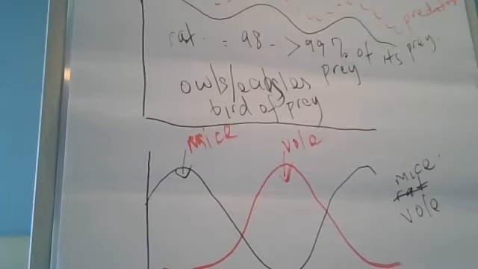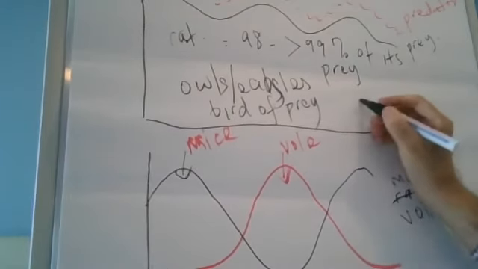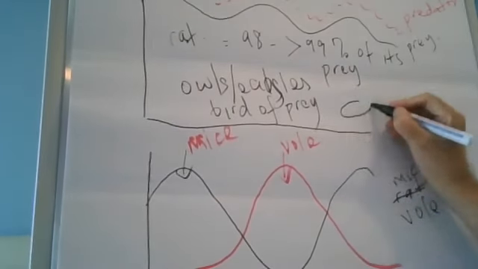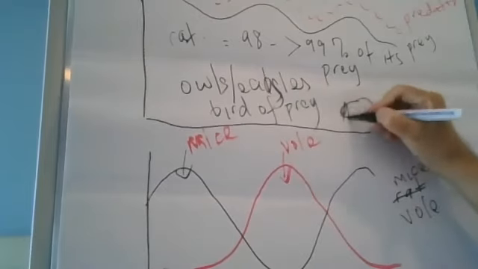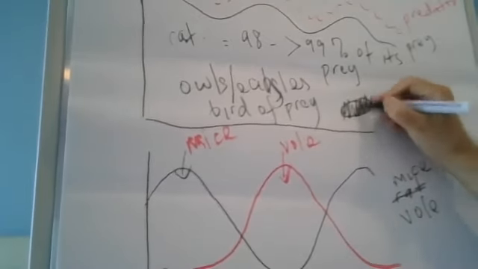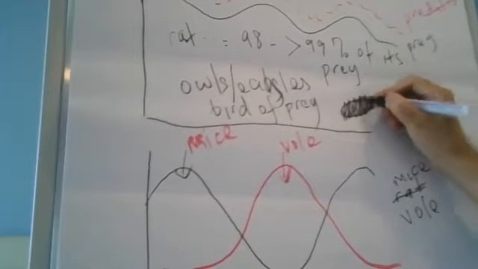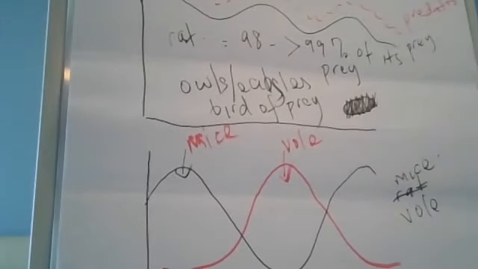So once the soft tissues have been digested, this pellet or cast is thrown out in the form of a pellet the size of your thumb, which consists of a mass of hairs and bones.